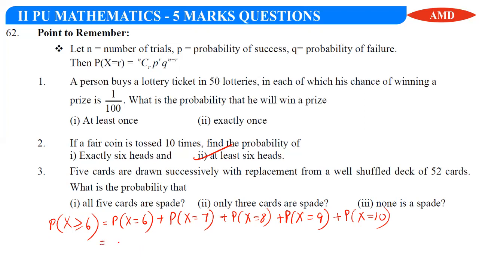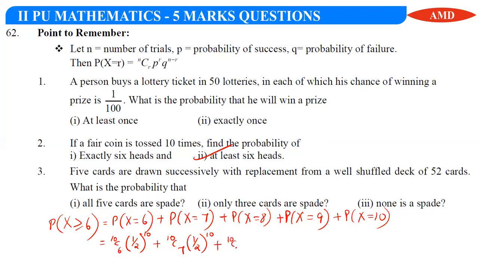So this is equal to 10c6 into 1 by 2 to the power 10, we have seen. Plus 10c7 into 1 by 2 to the power, again 10 it will be, since p and q, which we already found, are equal, I'm combining and writing it here.